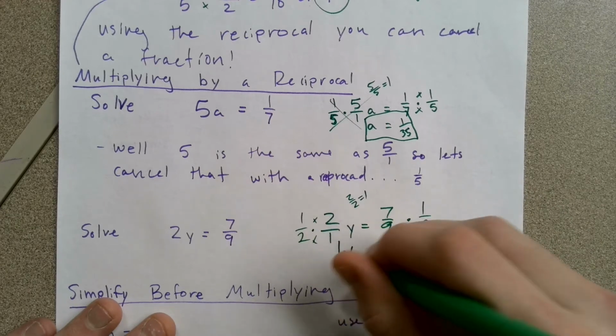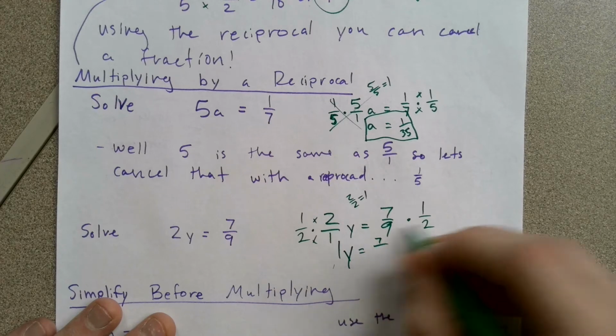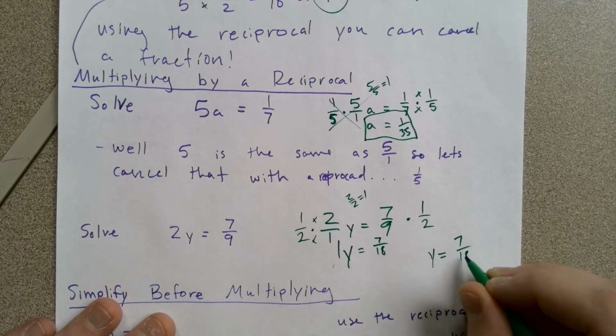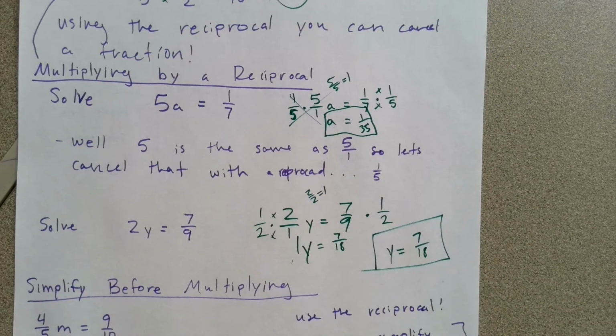So it's going to leave behind 1y equals, multiply these straight across, 7 on top, 18 on bottom, y equals 7/18. Bam. Using that reciprocal, nice and easy, makes these simple. Multiply by the reciprocal, you can cancel that one side right out, and you just have a simple multiplication of fractions problem.